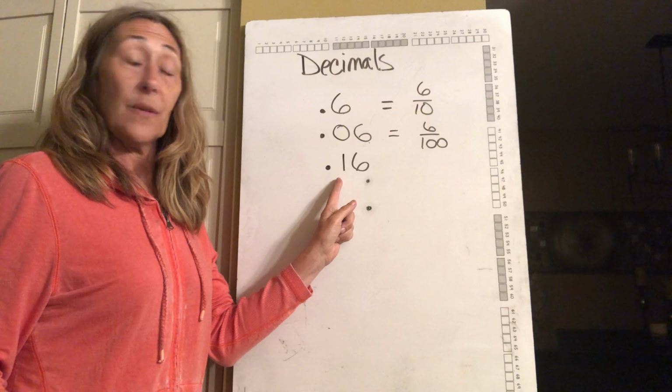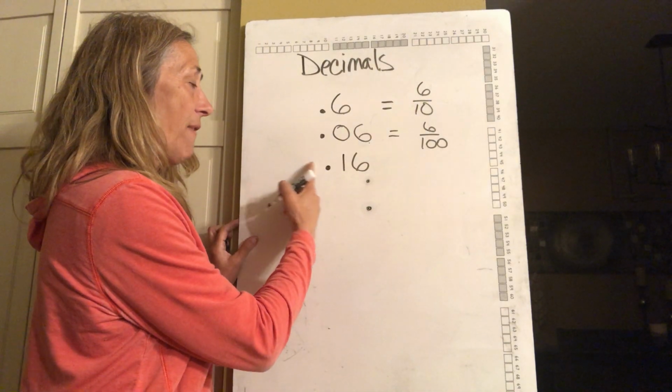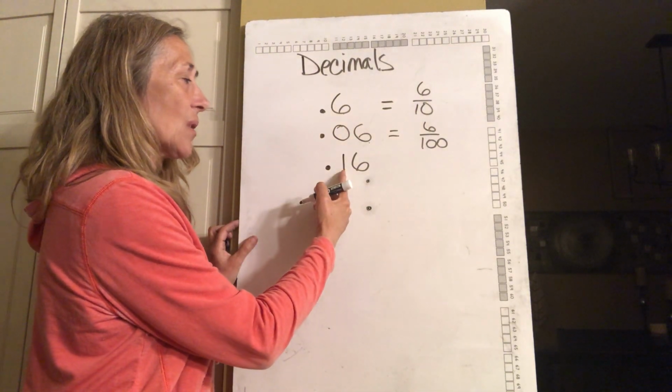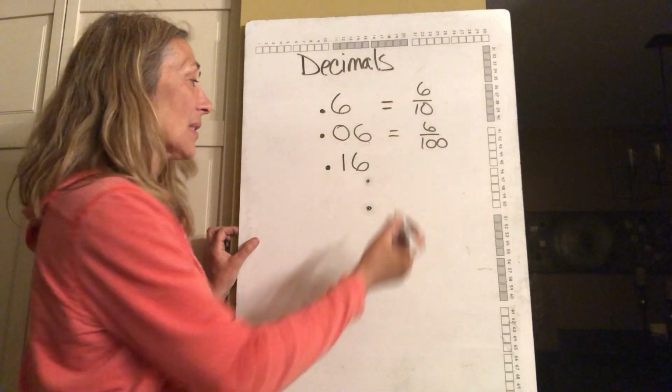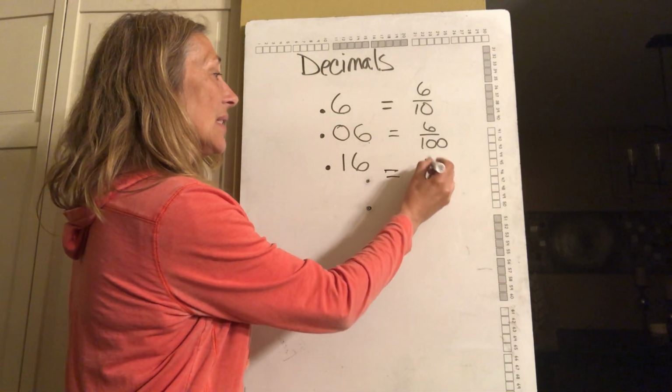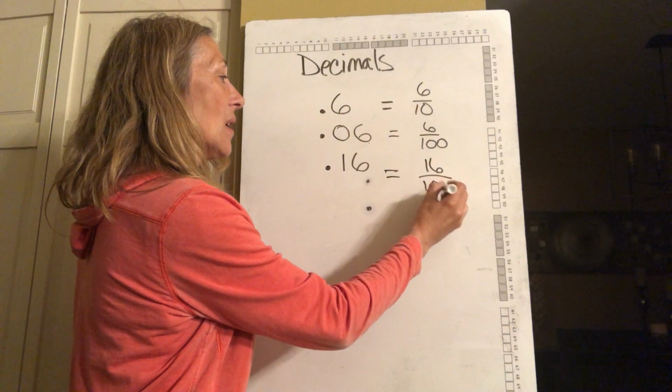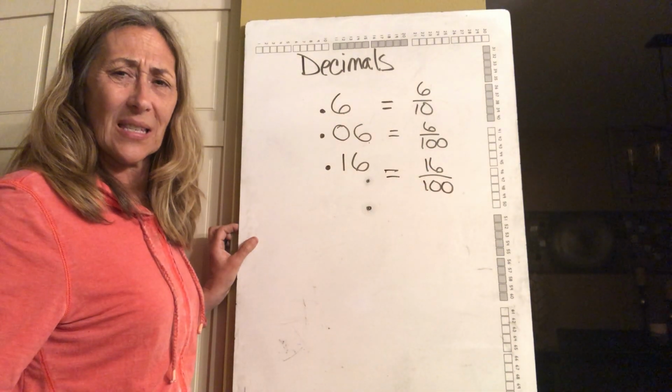And this decimal, I don't have any wholes. That's a 1 in the tenths and a 6 in the hundredths. That is 16 hundredths.